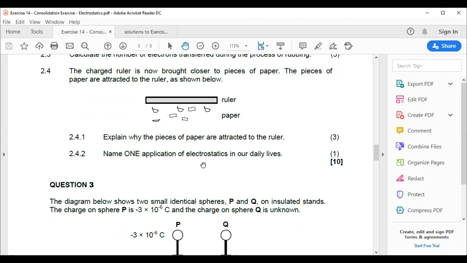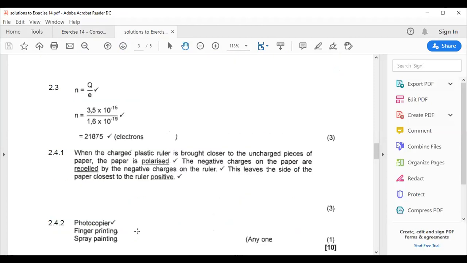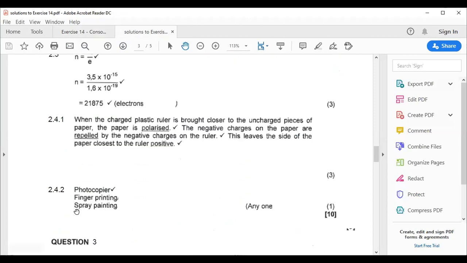Name one application of electrostatics in our daily lives. Just one, right? We spoke about the spray painting in the handout, right? Where you do spray painting using a charged object so that the paint can be sprayed evenly and can stick to the surface.